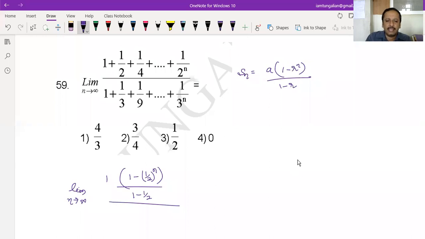Then in the denominator, A is 1 into 1 minus R power n, that is 1 by 3 whole power n, divided by 1 minus R, which is 1 minus 1 by 3.